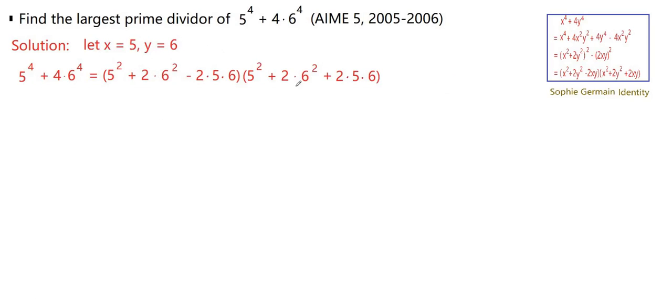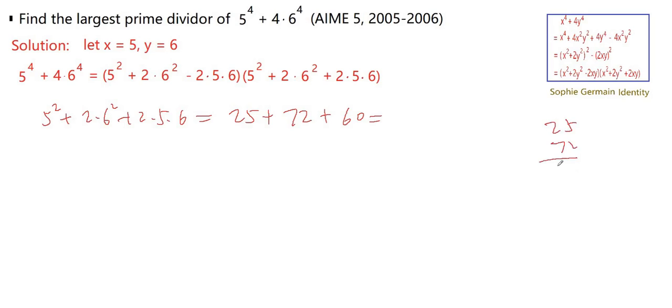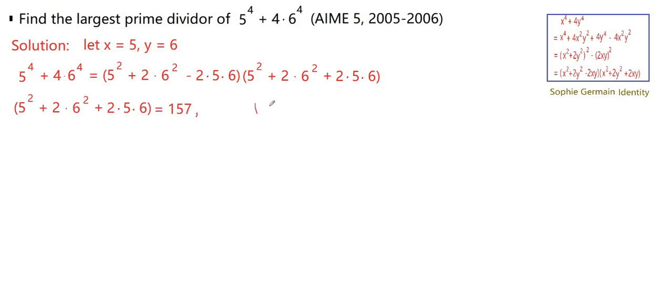Now, for the largest prime divisor, we think about whether this one is a prime: 5 squared plus 2 times 6 squared minus 2 times 5 times 6 is 25 plus 72 minus 60, which is 37. And the other is 157. 157 is less than 225, so we check the primes below 15.